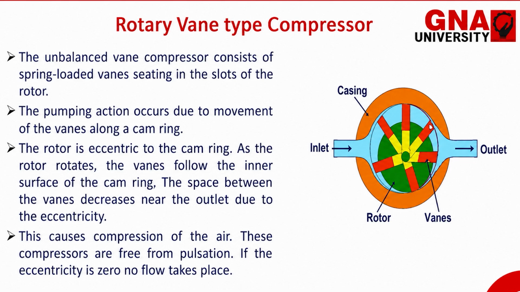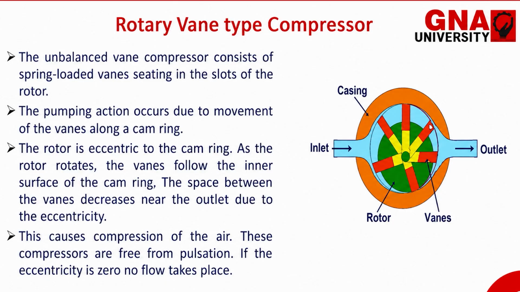So if you see that due to this eccentricity, the space between the vanes decreases at these points. You see here, the space decreases here. Near the inlet, the space is more. But as the rotor rotates and the entrapped air moves near to the outlet, the volume in which the air is entrapped gets decreased.